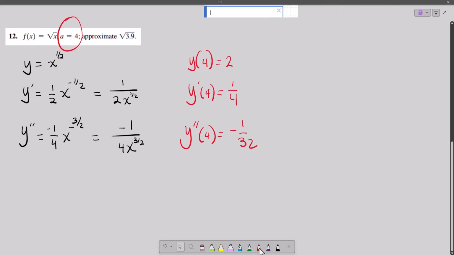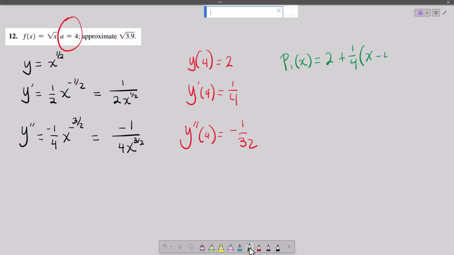So our approximations, P1 of x is f of a plus f prime of a times x minus a. There is our tangent line. And we're going to leave it like that. We're not going to expand it anymore. So that is our tangent line.